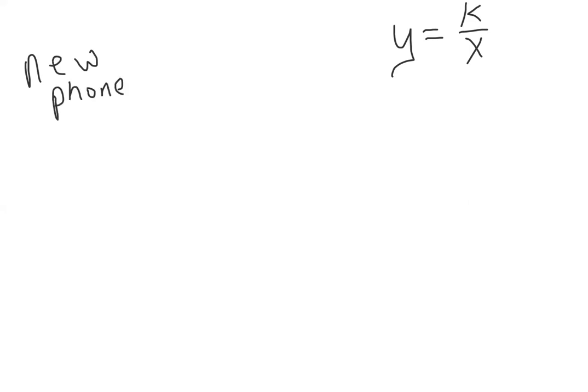Example 2 tells us inverse variation. So remember back on page 1, inverse looks like something like this. So the demand for a popular new phone varies inversely. So I have new phone varies inversely with the cost. So phone to cost.